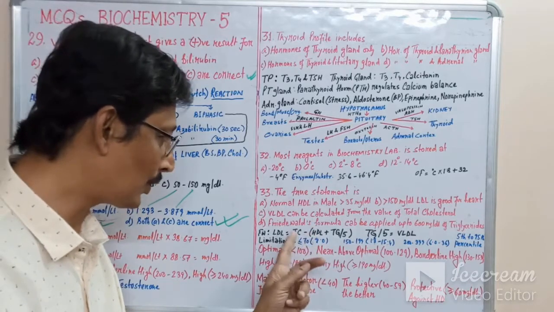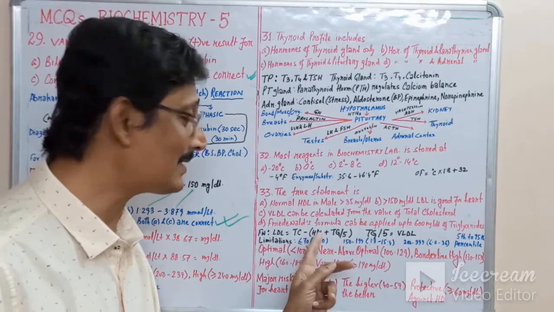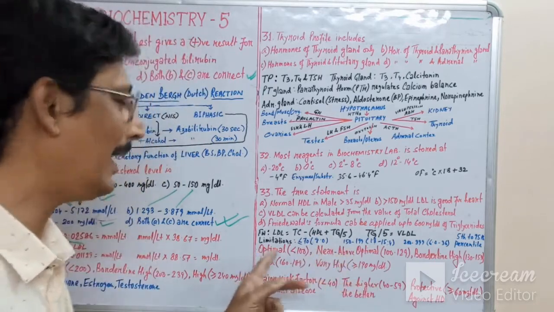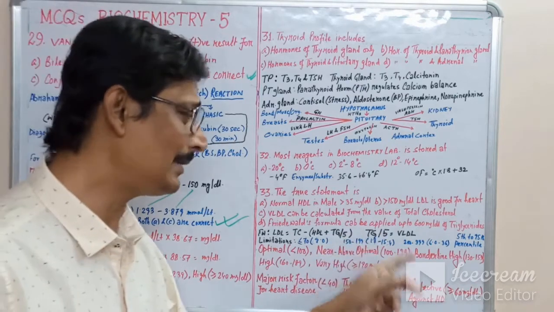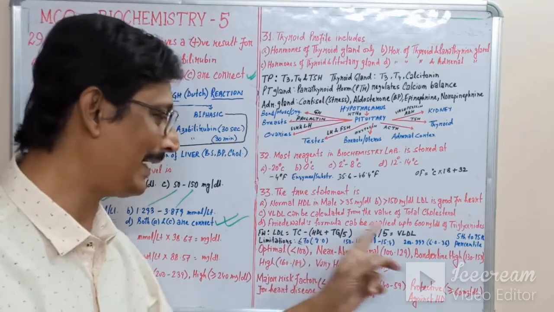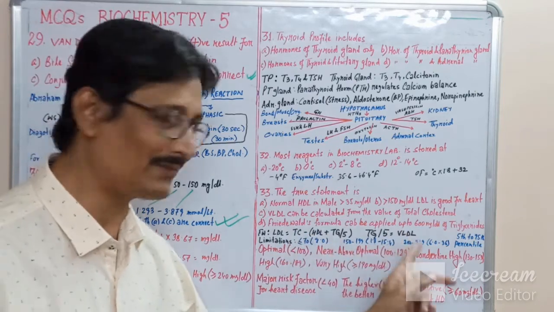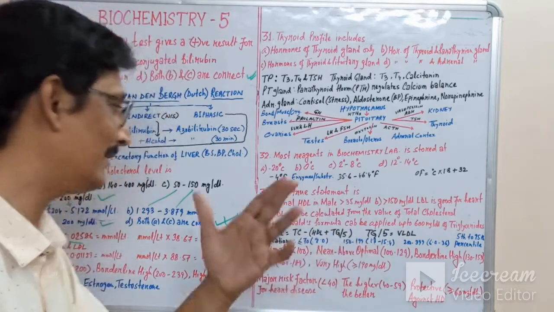So from the total cholesterol we have to subtract the HDL cholesterol and VLDL cholesterol, because TG by 5 is VLDL. So you have to subtract the sum of HDL and VLDL from the total cholesterol, and you can get the LDL value.